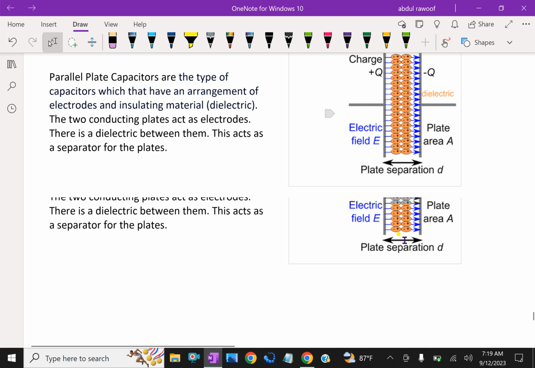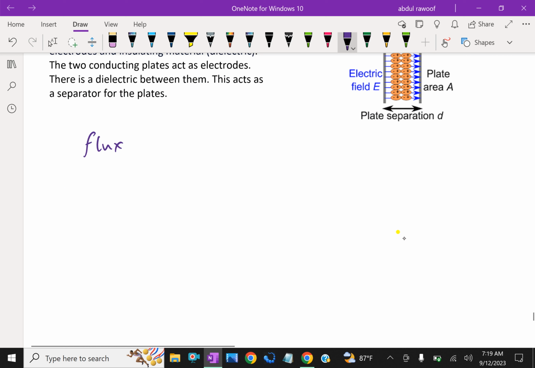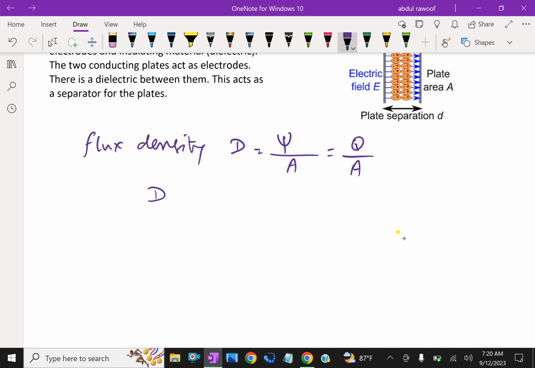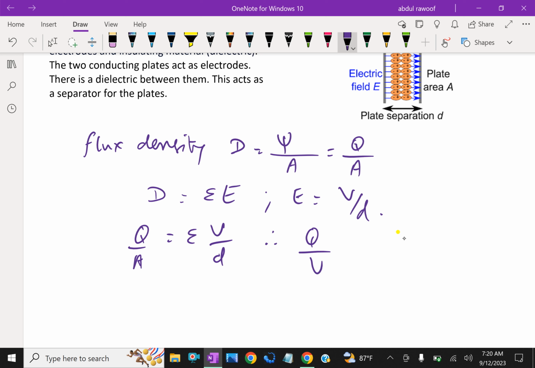Flux density in the medium is D equal psi over A, which is equal Q over A. Then D equal epsilon E, and E equal V over D. Substituting both, Q over A is equal to epsilon V over D. Therefore, Q over V equals epsilon A over D. This is the result.